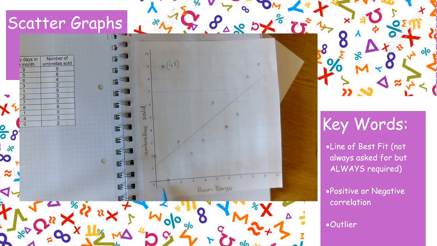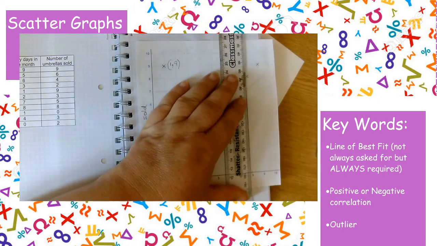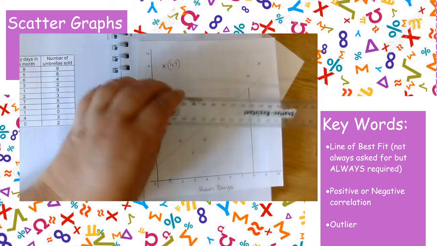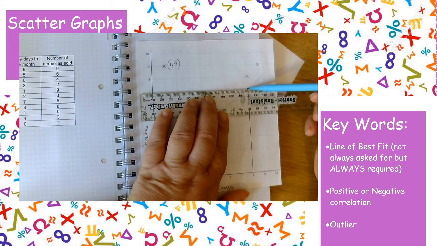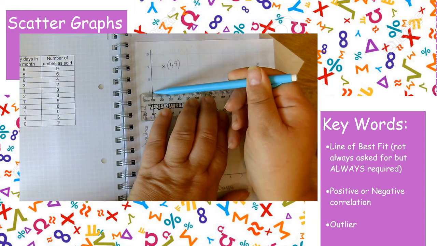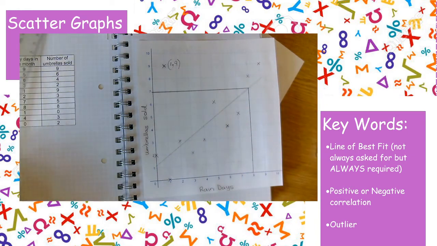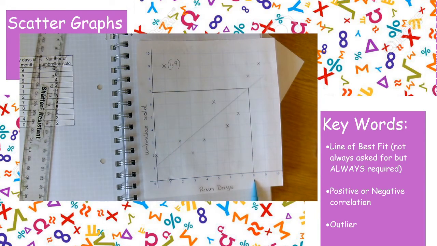So to do that, you would find 8 rainy days along the x-axis here, draw a line up to your line of best fit, turn your ruler round so that that point can now be traced back out to the y-axis, and that indicates 7 umbrellas sold on 8 rainy days.